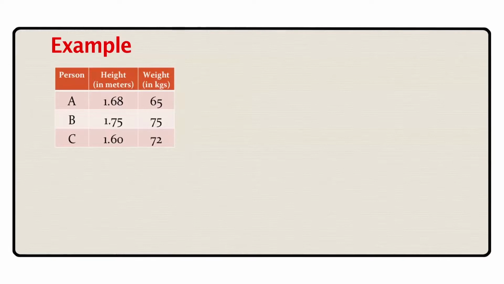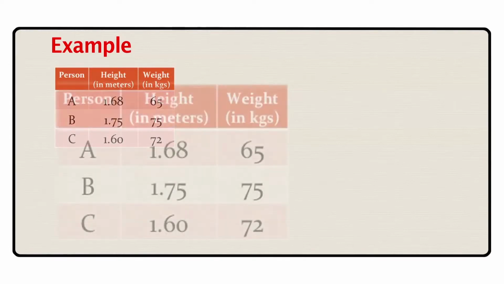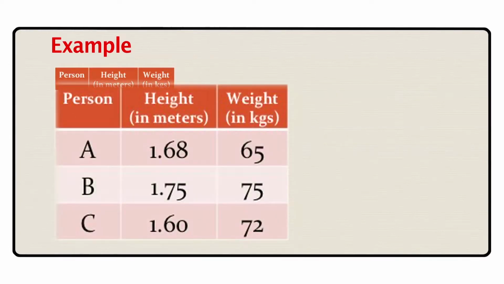Suppose we have 3 persons and we measure their heights in meters and also take their weights in kgs. So the first person A has height 1.68 meters, weight is 65. B has 1.75 height and 75 kg weight. C has 1.60 meters as height and 72 as weight.